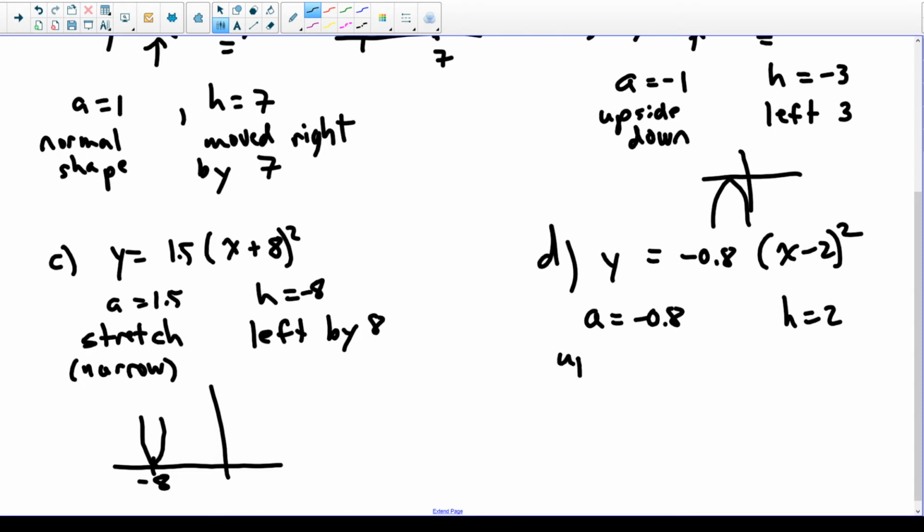First of all, it's upside down. And then if we look at just the number part of a, which is 0.8, that means that it's compressed. For our h value, which is coming from our bracket, x minus 2 means right by 2.